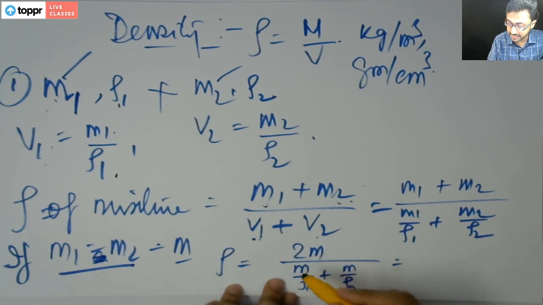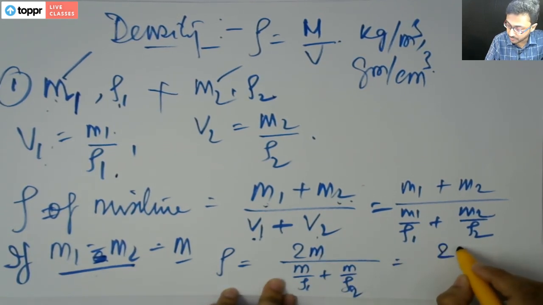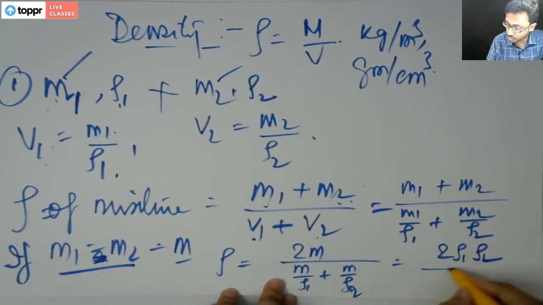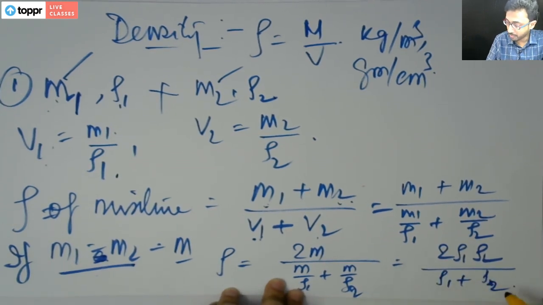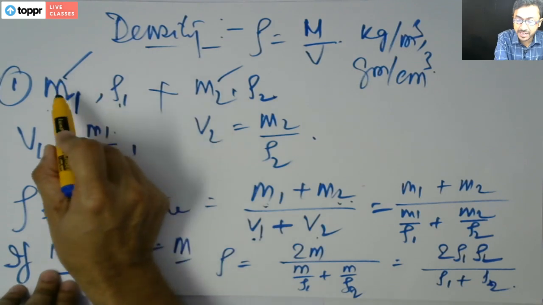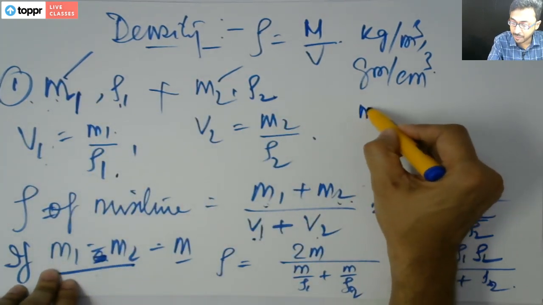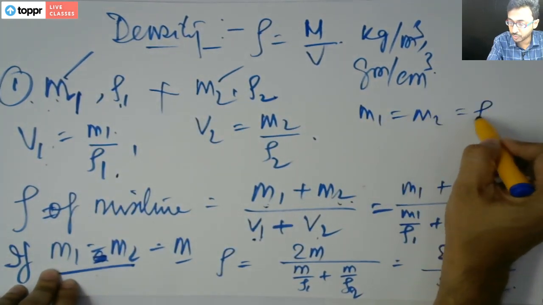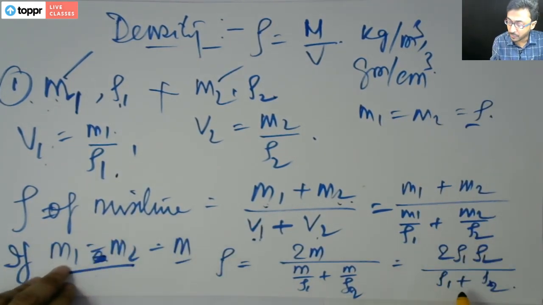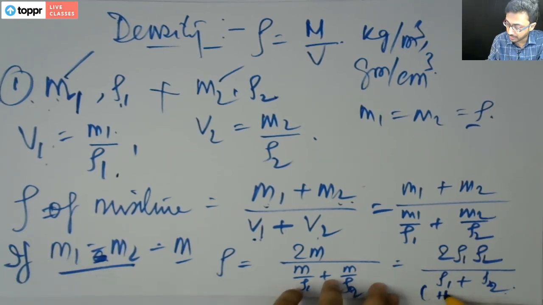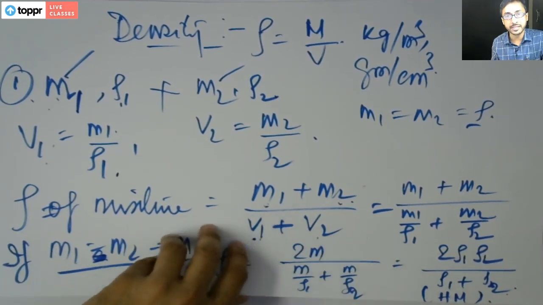Now the m will cancel, and it will become 2 rho1 rho2 divided by rho1 plus rho2. So when we mix two liquids with the same masses, the density will be 2 rho1 rho2 by rho1 plus rho2. It is the harmonic mean of the two densities.